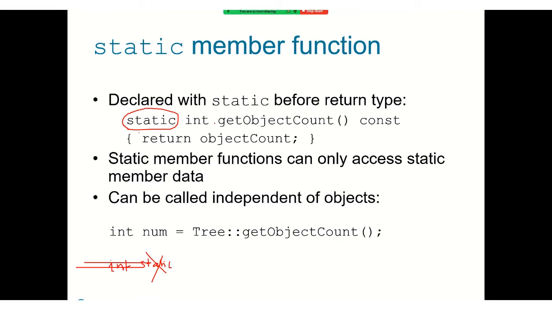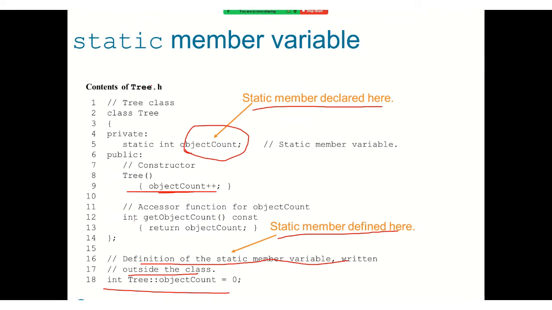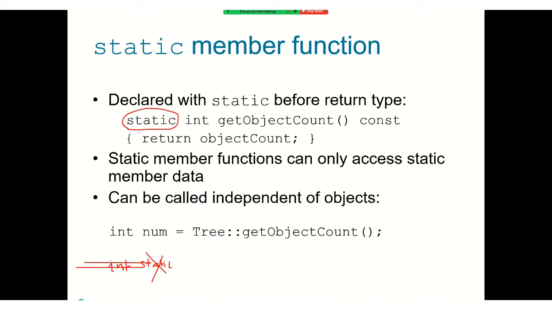What we are accomplishing here is that we are accessing that object count as a part of our class. This is the getObjectCount.